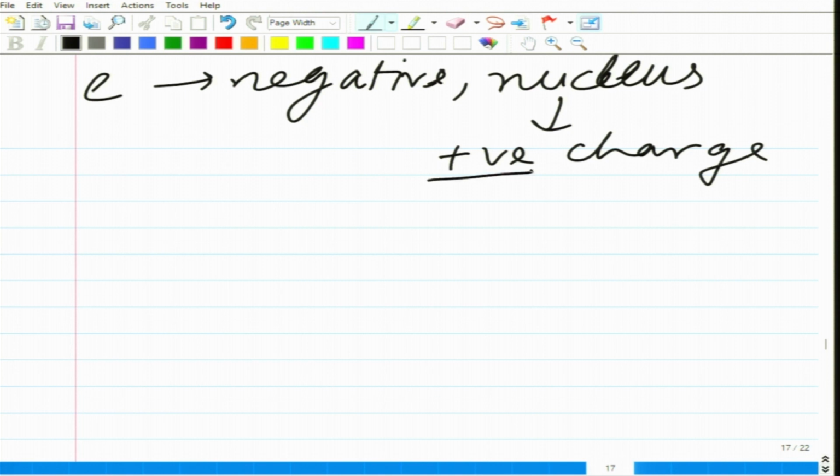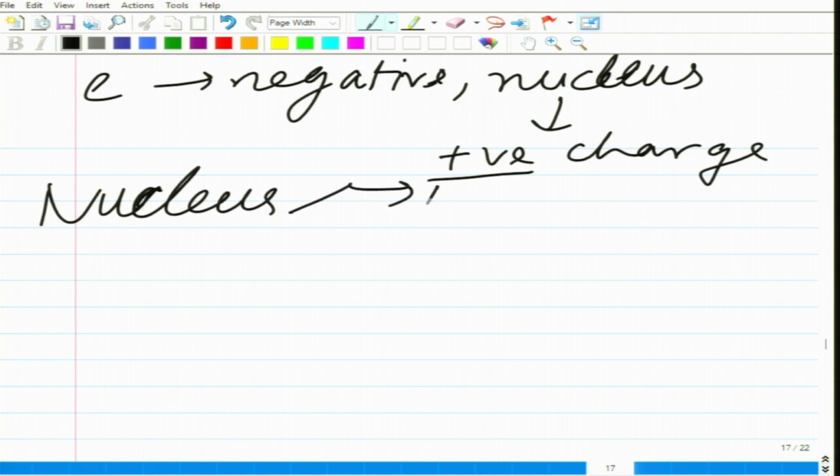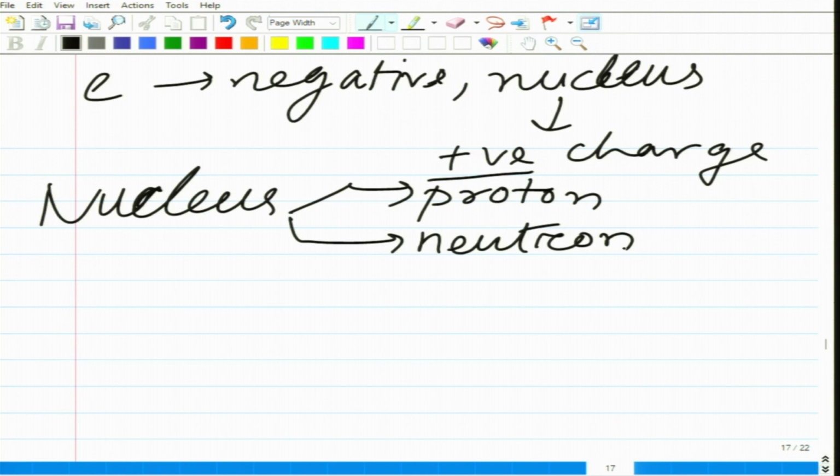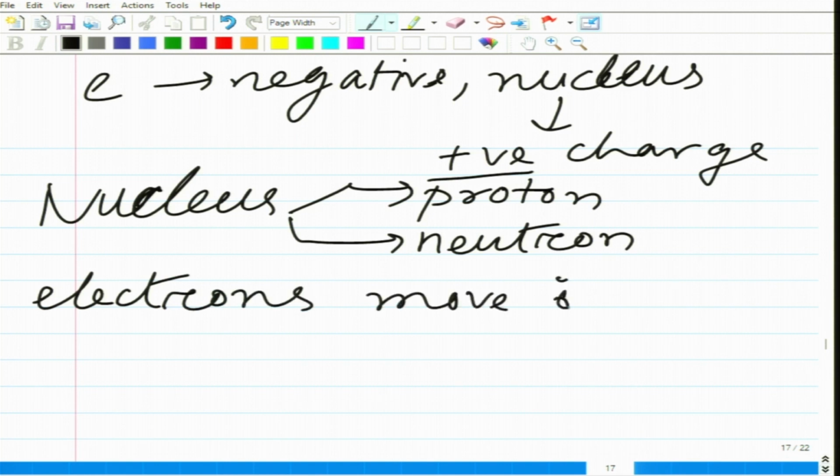The nucleus contains the protons and neutrons. So, the nucleus is a very small region in the atom. Nucleus contains proton and neutron, and electrons move in circular orbits.